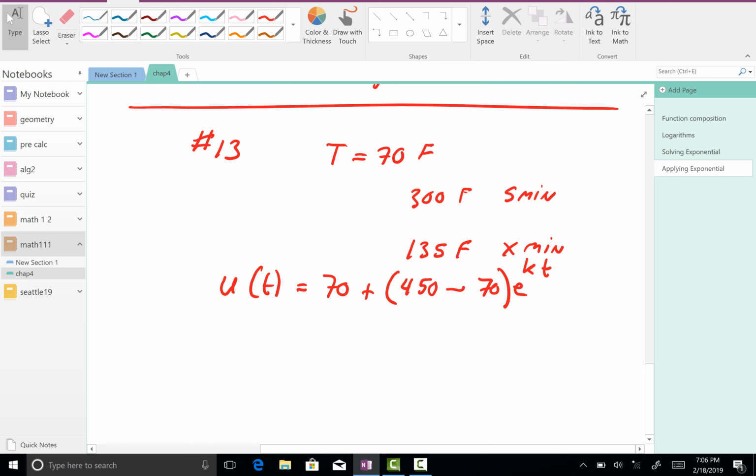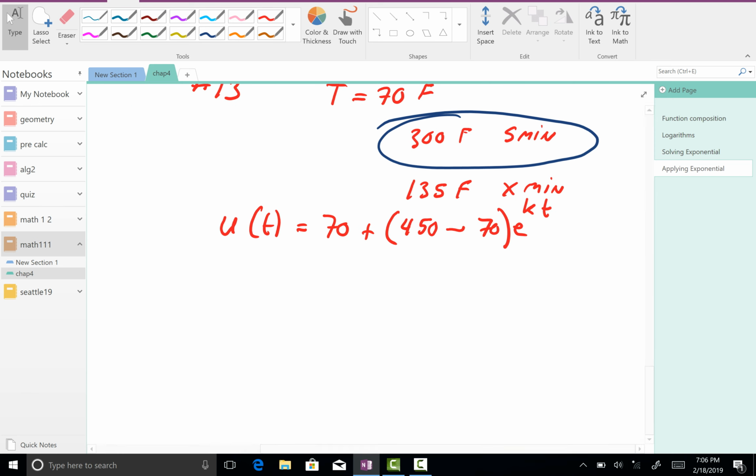So here's a Newton's law of cooling problem. We don't know what K is, but we can find it by using this information. Where would we put that 300? What does U of T stand for?